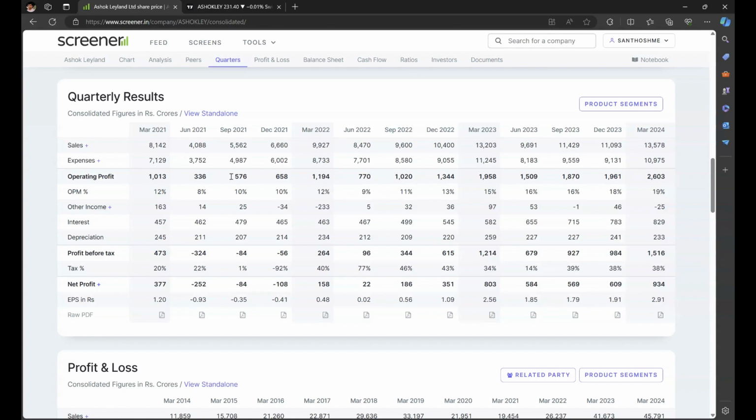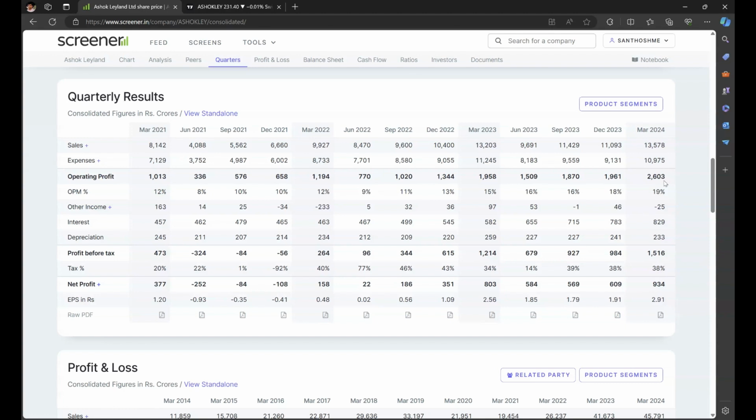You don't need to look at the last 4 or 5 years of data, even 1 to 2 years of data is enough if it shows that the trend is good for us, because we are swing traders and we are not trying to hold the stock for quite a long period, right? So the operating profit also shows a consistent or improving trend.